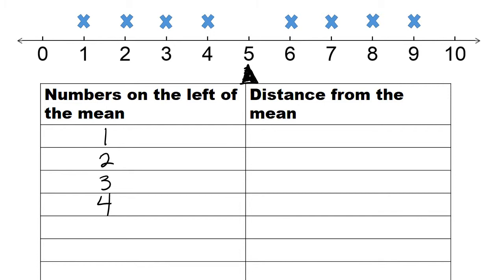So 1 is 4 units away from the mean. 2 is 3 units away from the mean. 3 is 2 units away, and 4 is 1 unit away from the mean. To get the total distance, we add these together. So our total is going to be 10 units.